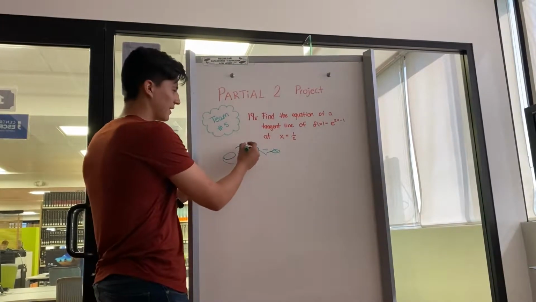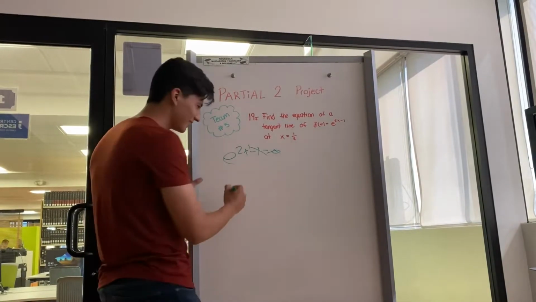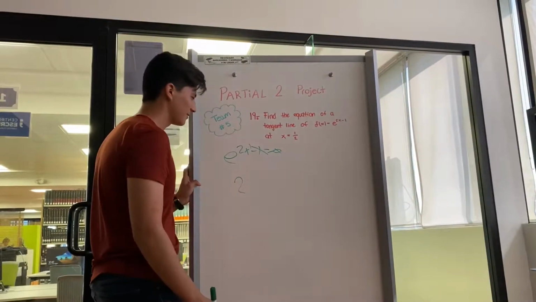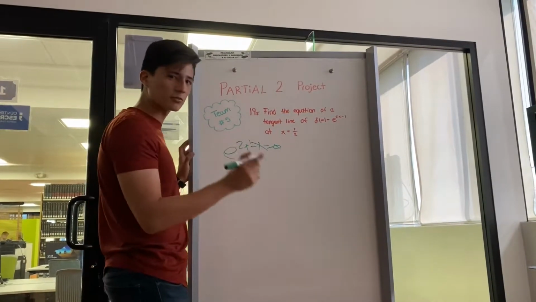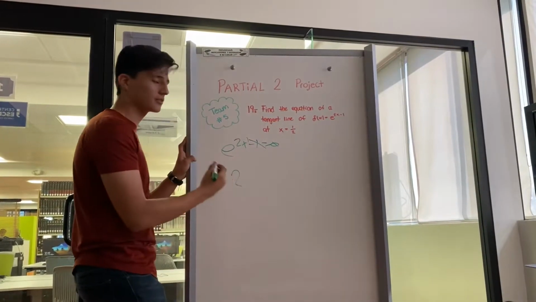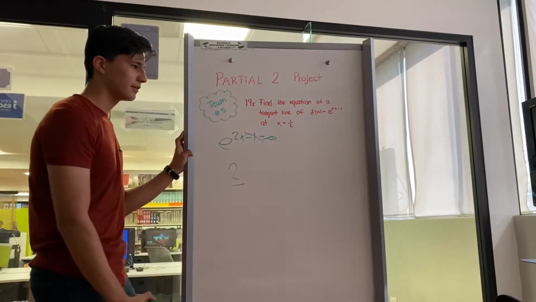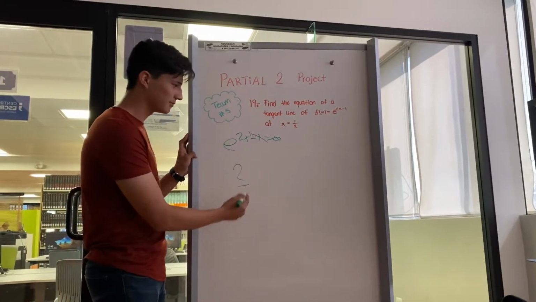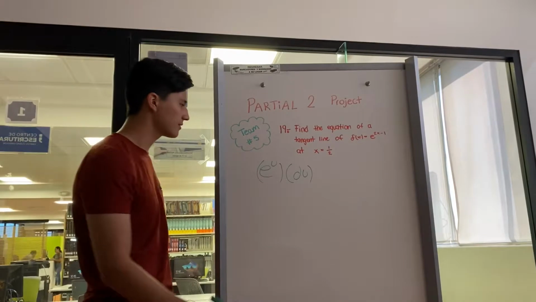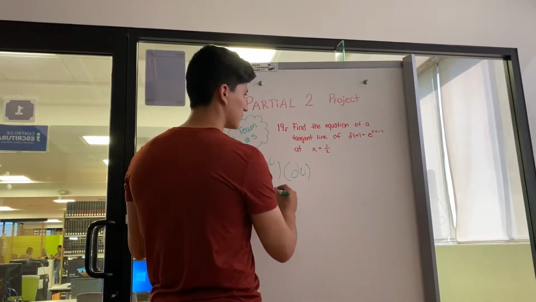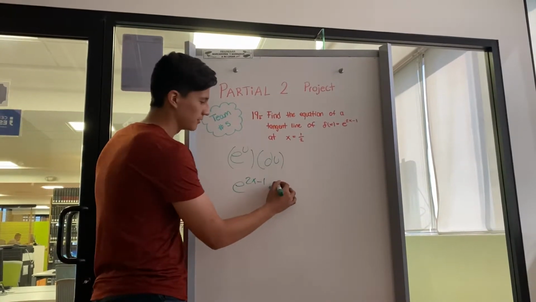So we multiply 1 times 2, 2, and x to the power of 1 minus 1 is 0, so x doesn't exist. So we have that our derivative is 2. This is the formula to derive the exponential function, that is e to the power of 2x minus 1 multiplied by 2.